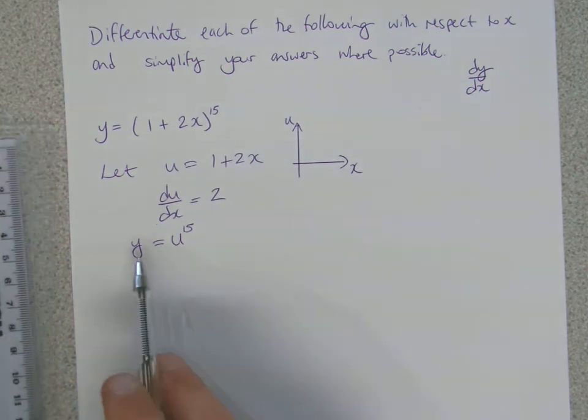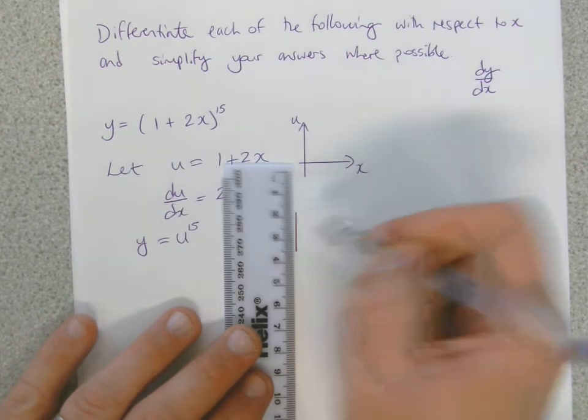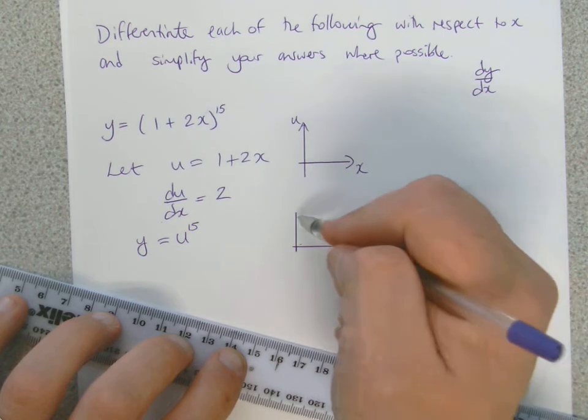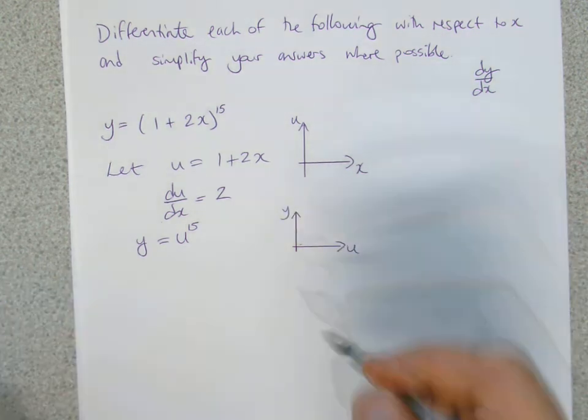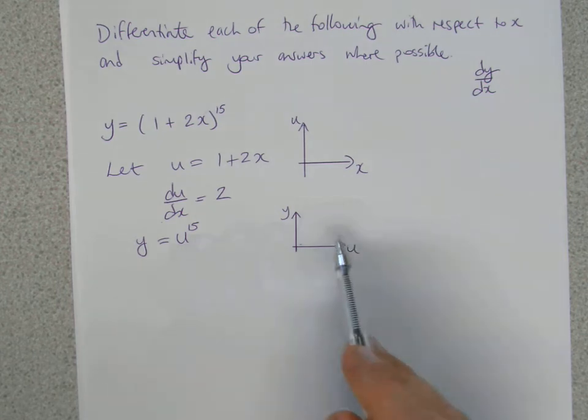When I look at it like this, I've got y in terms of u. I've got a u axis here and a y axis there, just like an x and y axis, and I can find the gradient of this curve by doing dy by du.